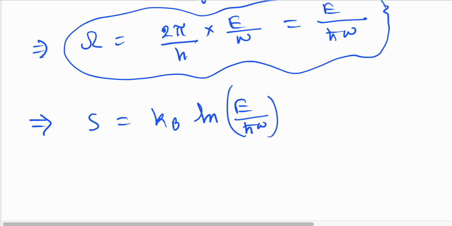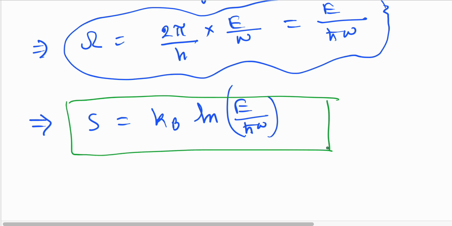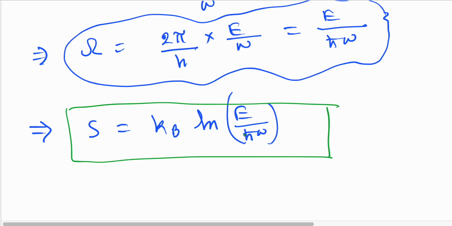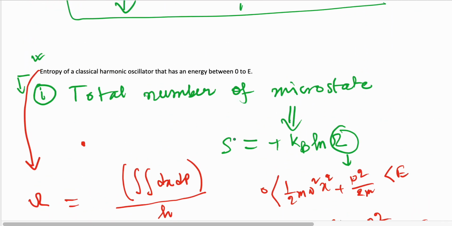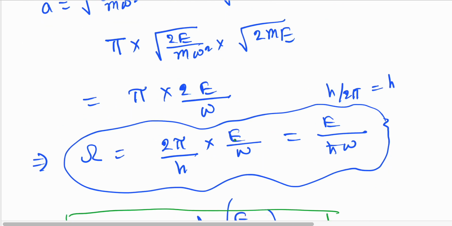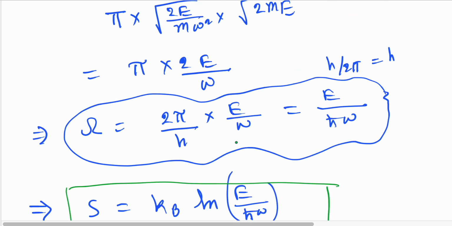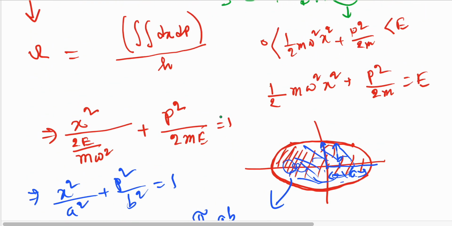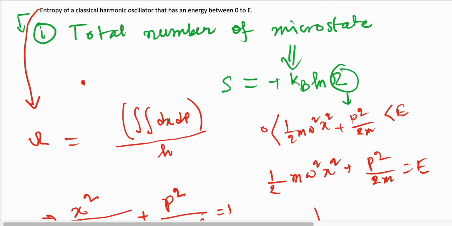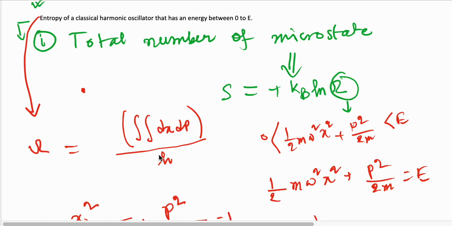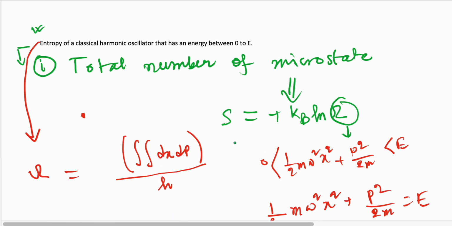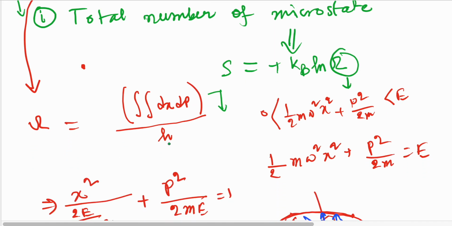Now one thing you should notice: here we use h cut and h. You can think that this is a quantum mechanical thing, but I want to emphasize that this h happens to be the Planck constant, but here we don't need any quantum mechanical assumption.